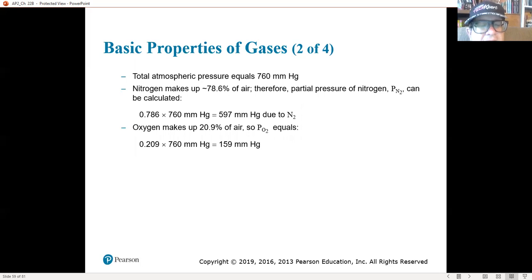So there you have the partial pressure of nitrogen being 590, because that's 78.6% of the 760, which is atmospheric pressure. Oxygen is 20.9%. So the partial pressure is 20.9% times 760 gives you 159 millimeters of mercury.